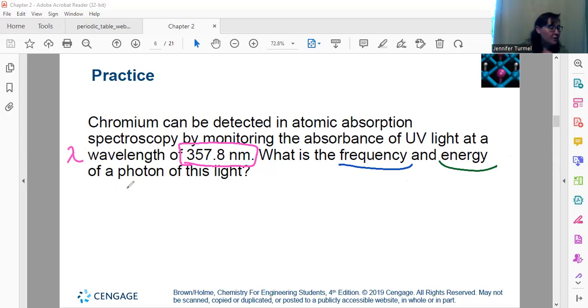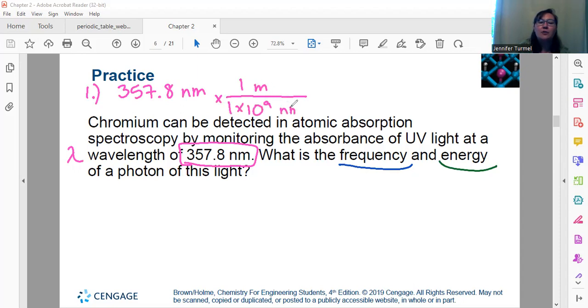We'll do this in a couple pieces. The first thing I'm going to do is convert this wavelength, and I'm going to do that part up here. So we have 357.8 nanometers, and we multiply that by 1 meter over 1 times 10 to the 9th nanometers. You'll do this a lot and you'll probably get pretty good at working through it.